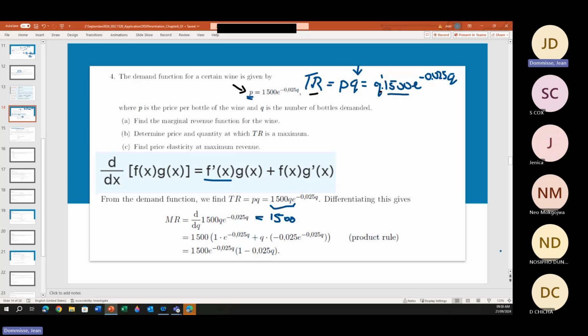And then remember, we write that second term as is, because that's what we do. Then we take the differentiation of the second one. So f(x) we just write as is.